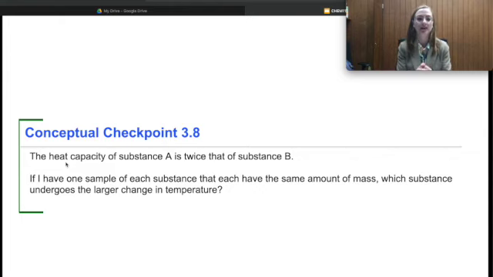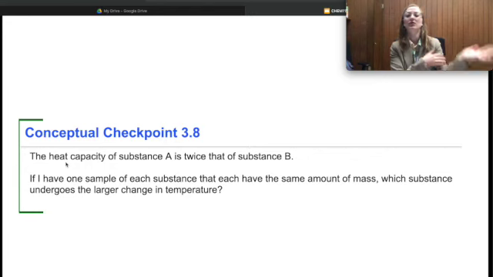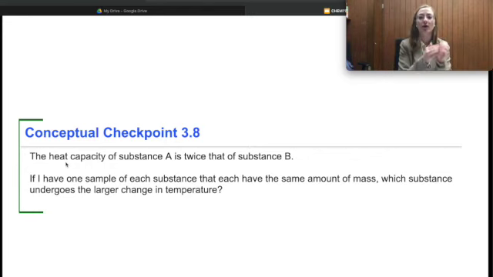I'm going to add the same amount of energy and have the same amount of mass. The only thing that differs between A and B is the heat capacity. So if it has a higher heat capacity, can we get it to a larger temperature? Or if it has a lower heat capacity, could we get it to a higher temperature? Go ahead, think that through, and pause the video and come back when you're ready.